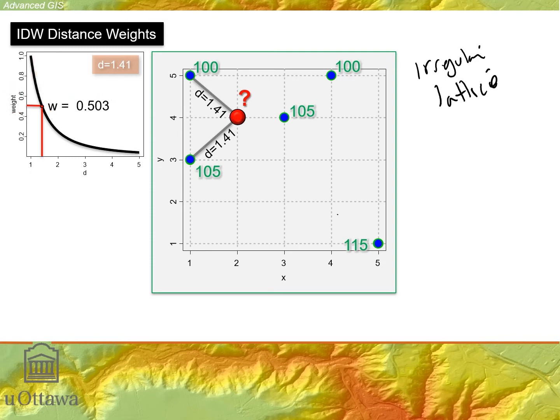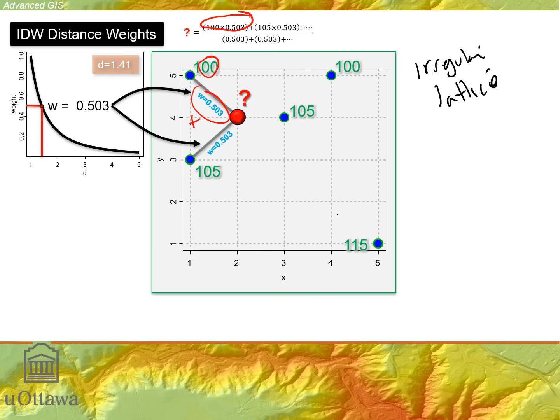So we can assign a weight to each of those distances, transform them into the weight, and then multiply that weight times this value, plus that weight times this value here. And at the bottom of the equation, we put the sum of the weights, 0.503 plus 0.503, right?